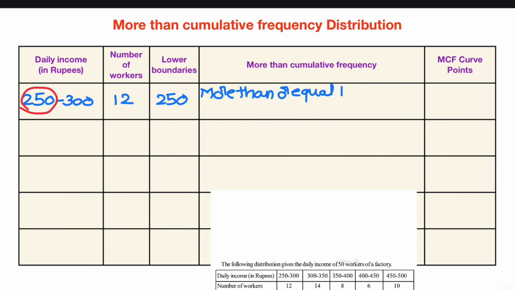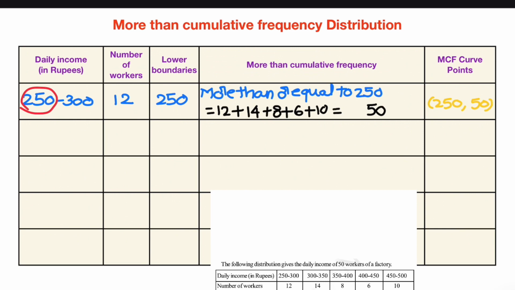That means number of workers with income more than or equal to 250 is 12 plus 14 plus 8 plus 6 plus 10, that equals 50. Point is 250, 50.